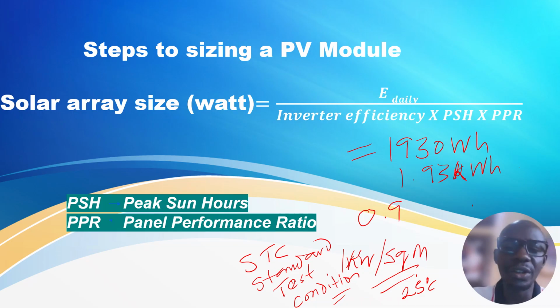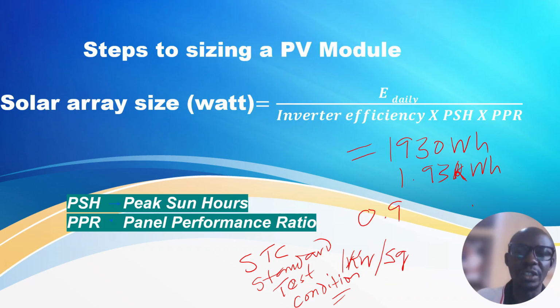And if the temperature reaches like 30 degrees Celsius, 36 degrees Celsius, and in some areas even as high as 40 degrees Celsius, it affects the efficiency of your system. The higher the temperature, the lower the voltage that is supplied. So sometimes you don't need too much temperature for your system to perform optimally.